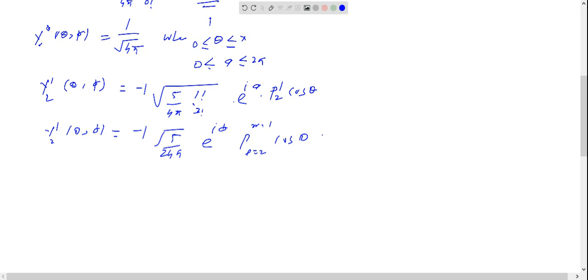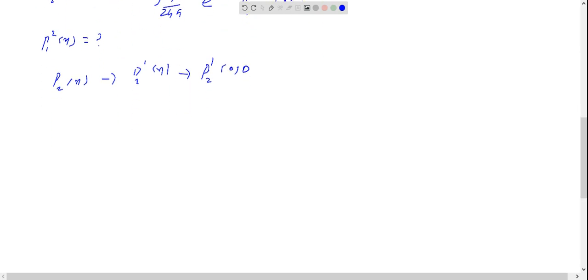So this is not equal to 1, so the corresponding Legendre polynomial can be found as P2(x). If we find P2(x), then we get P_2^1(x), and this will lead us to P_2^1(cos theta).